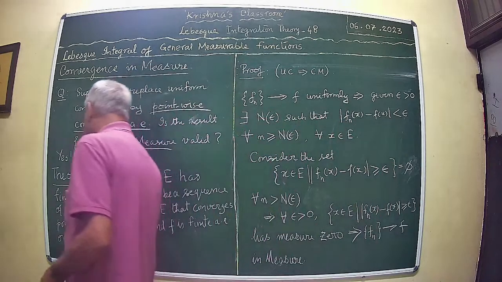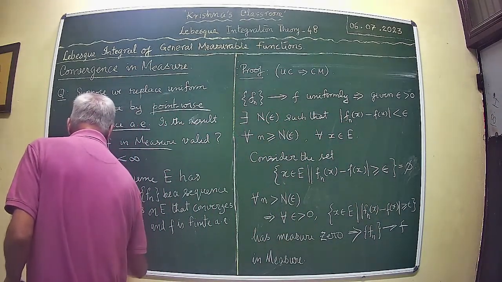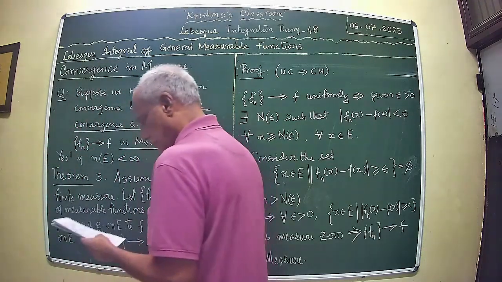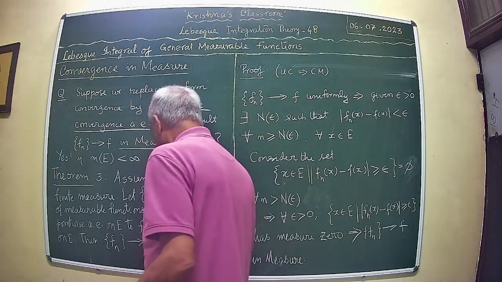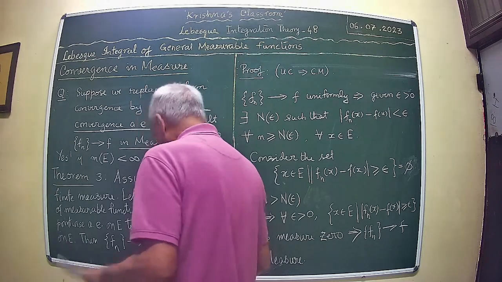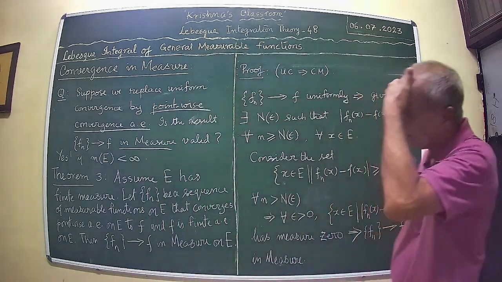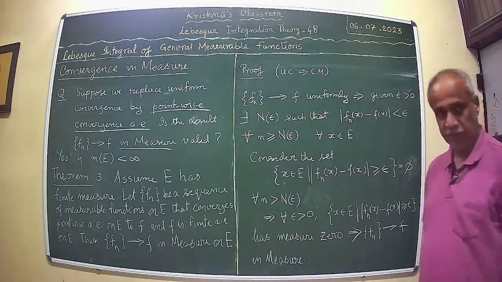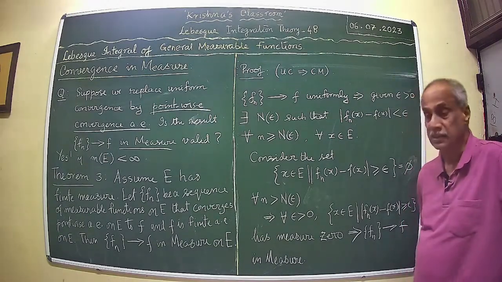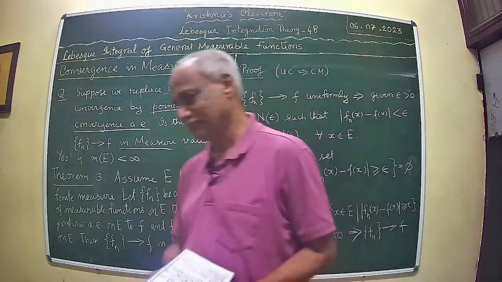Then Fn converges to F in measure on E. So the only condition that we need is that the measure of E is finite. Then pointwise convergence almost everywhere also implies convergence in measure.